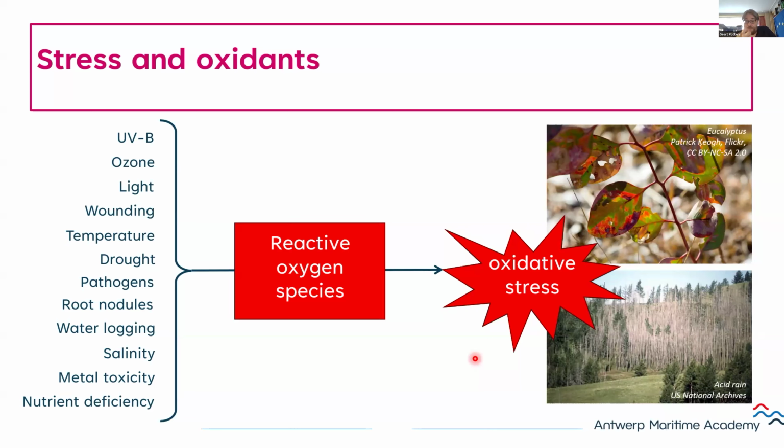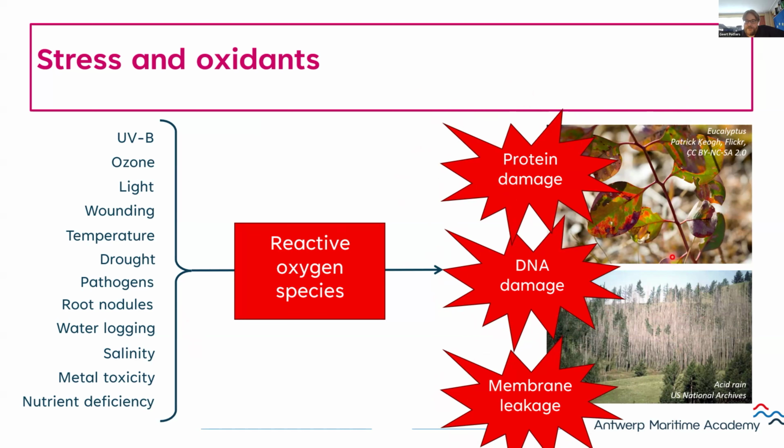And well, the consequence is always, that's the basic hypothesis, we have protein damage, we have DNA damage, we have membrane leakage, and that causes a general feeling of distress in plants. Plants get into trouble.